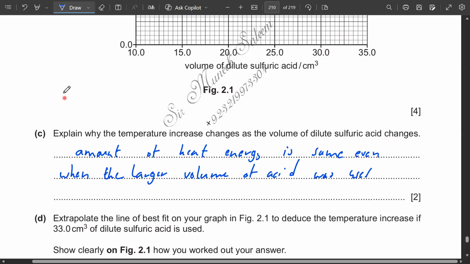So if you are using volume, let's suppose from 10 cm³ till 30 cm³, the amount of heat energy is the same.